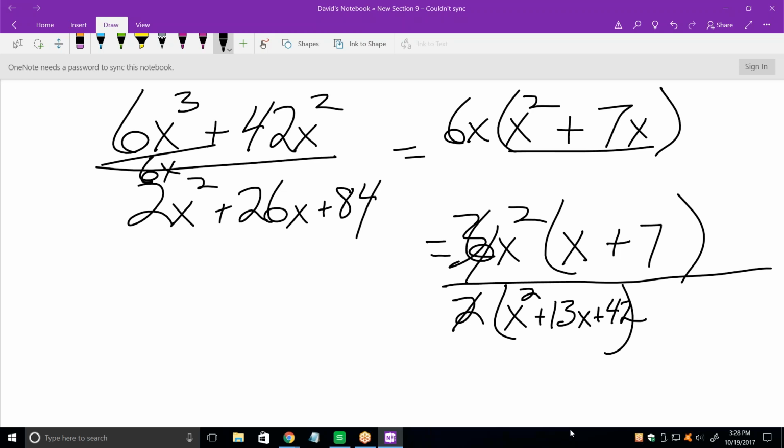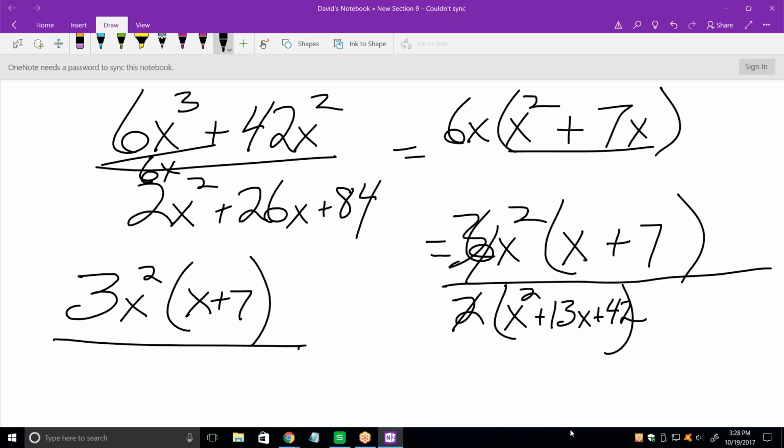But we can also see that we can factor the denominator. So here I'm going to go over here on the far left, and I'm going to write what we have at the moment. We now have 3x squared times x plus 7 in the numerator. And in the denominator, we have this quadratic. Let's factor that.